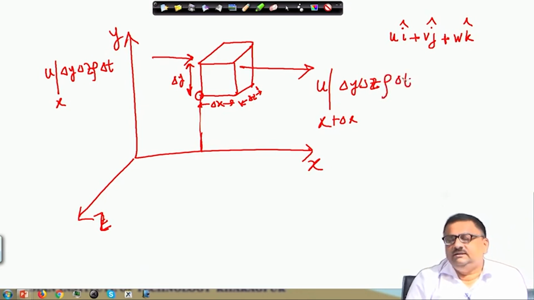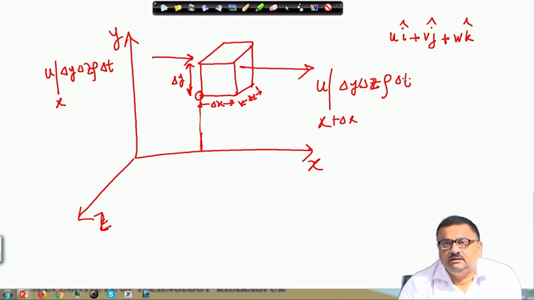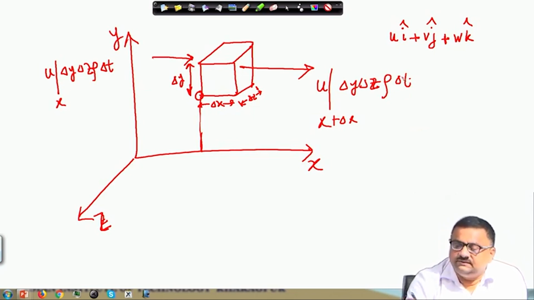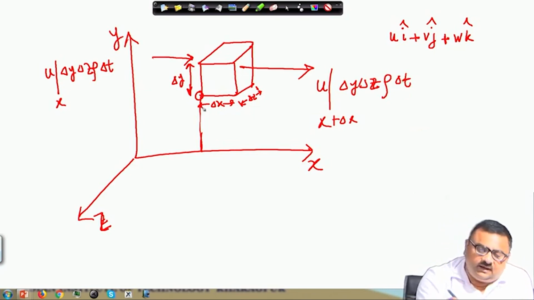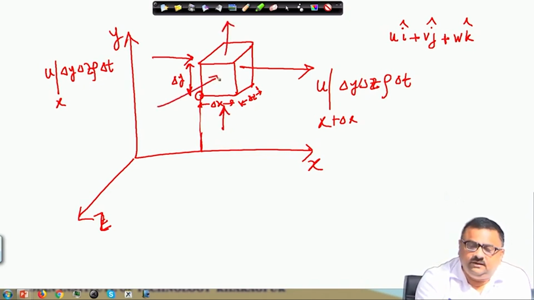So that many kg is leaving this face. The same thing we can apply for flow coming from below and leaving from the top, and the flow coming into this face and leaving from the side.